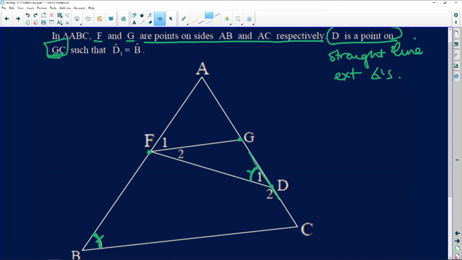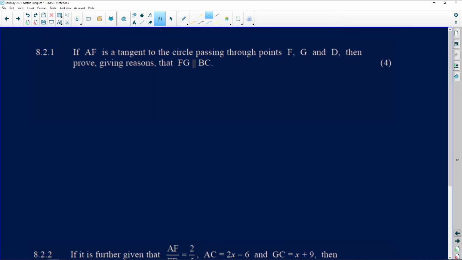There's the edge of the cyclic quad. The angle between there and the cyclic quad is equal to the interior opposite angle of the quadrilateral. So this will be a cyclic quad. Most probably that would be one of the first questions. Let's see what they ask us to do.